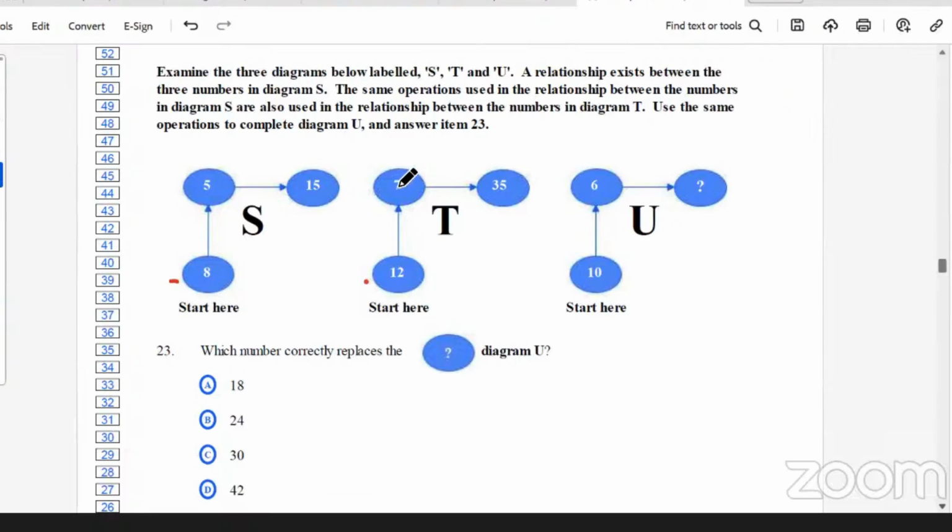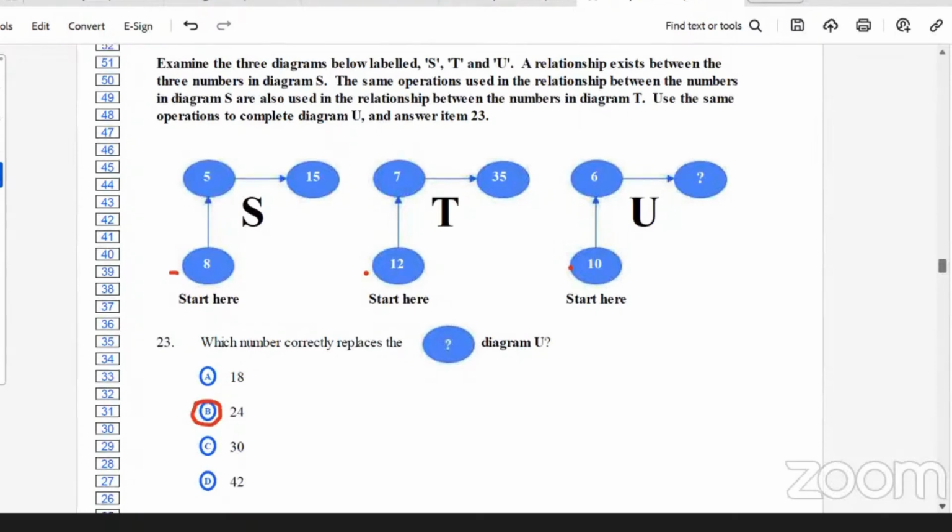That 5 is then used to multiply 7 to give us 35. So let's see what we need for this relationship. If we're starting at 10, we subtract 4 to get 6. So that means we need to multiply 6 by 4 to get 24. And I see that as an option. So our answer would be B, 24. So the answer for 23 is B.